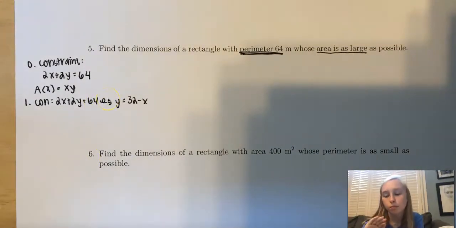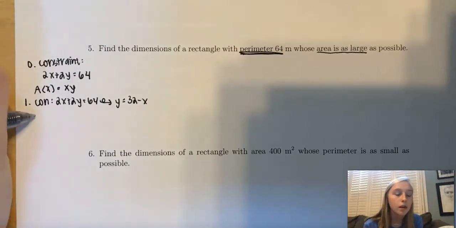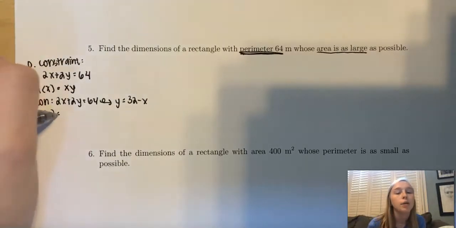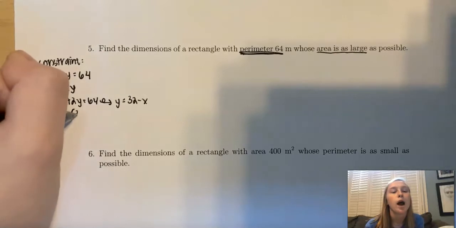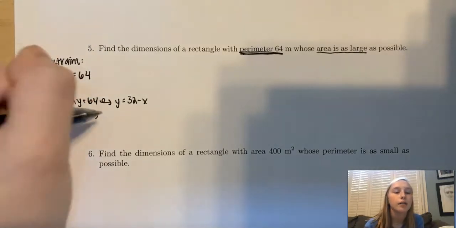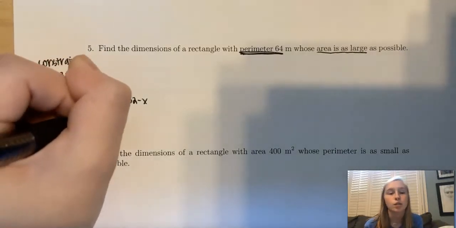It's 100% my own notation, so you can ignore that if you want to. This is just showing that I rewrote the constraint in terms of y, like I've been doing the whole time. I don't know why I wrote it differently this time. And so now we plug in 32 minus x for y into the area.